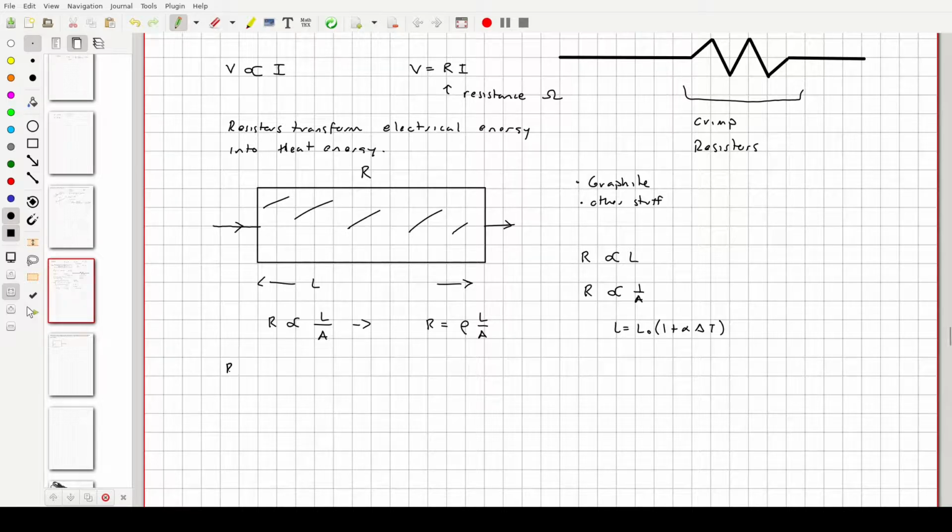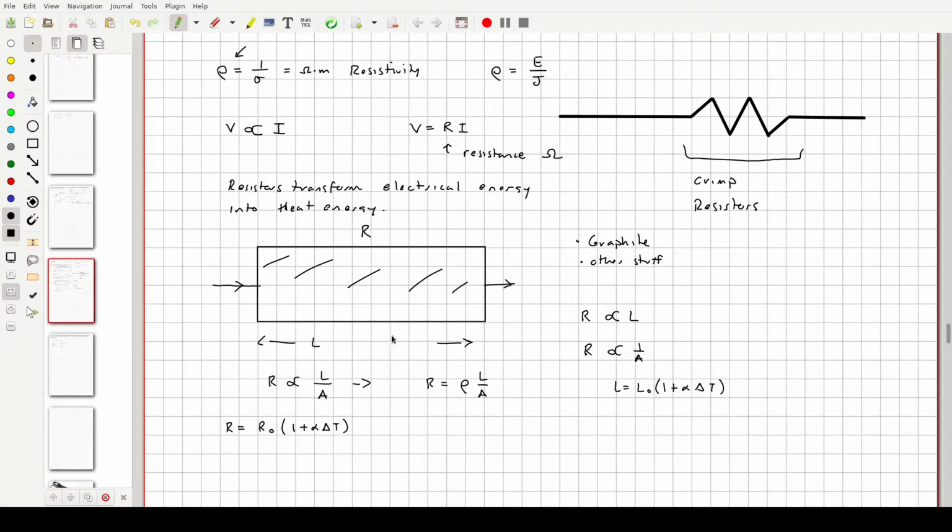So another way you can think about resistance is that if you wanted to see how it was affected by temperature, it's going to be your initial resistance times that right there. And all you're doing is plugging this in for that. Okay, so now we have a relationship that tells us about how resistance changes with respect to changes in temperature.